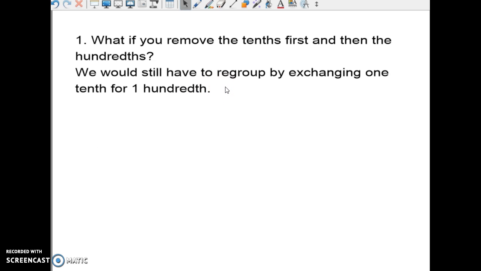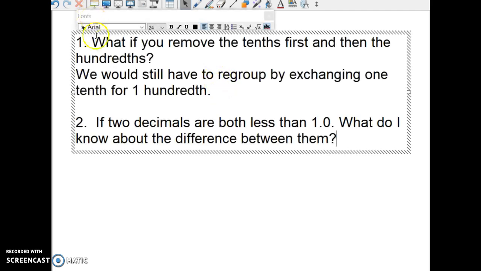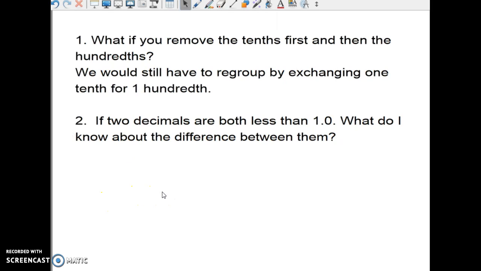And the second question is, if two decimals are both less than 1, what do you know about the difference between them?